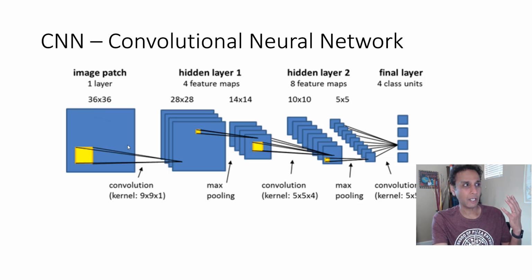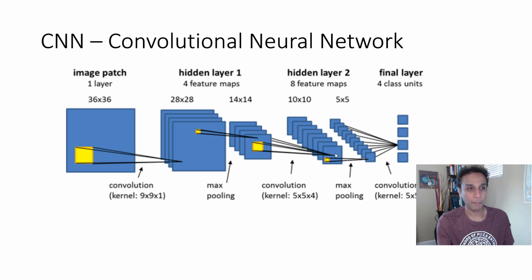And it's common for us to take that output and do some sort of, let's say, max pooling, a pooling operation. Max pooling is a type of pooling operation where it takes the maximum number within a given window and then just places that.